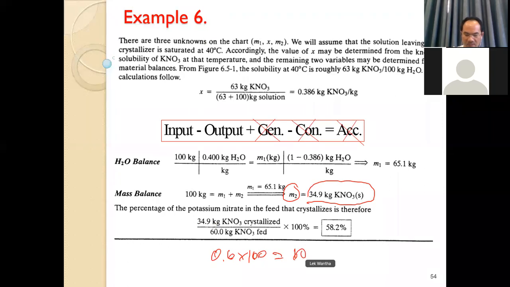This is the amount of potassium nitrate in the feed. Then you can calculate the percentage of potassium nitrate crystallized: 34.9 divided by 60 multiplied by 100, you get 58.2%. This is the percent of the potassium nitrate that crystallized from the solution.